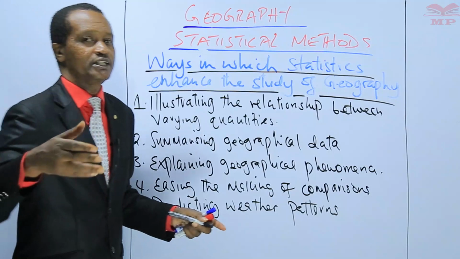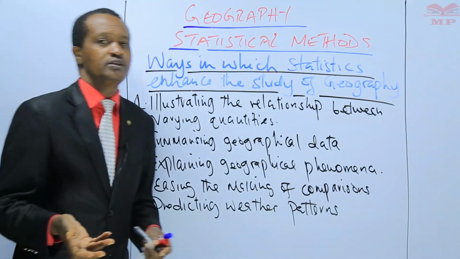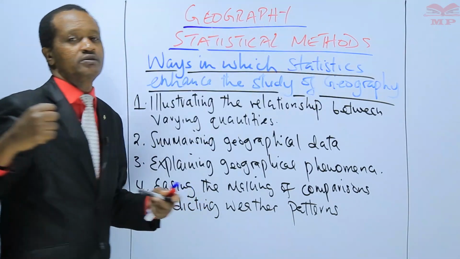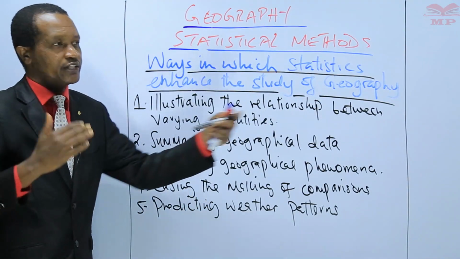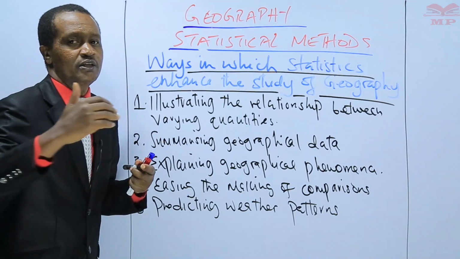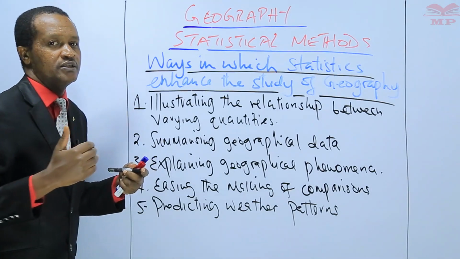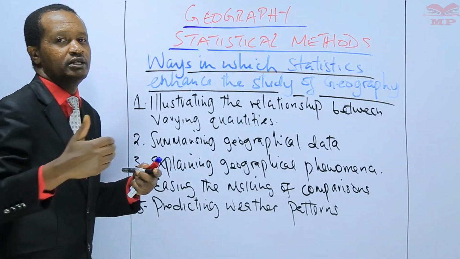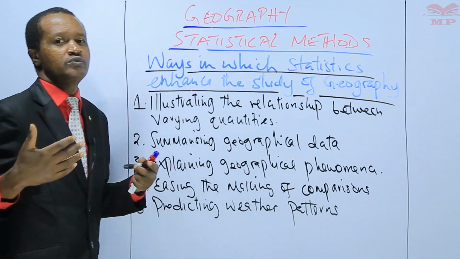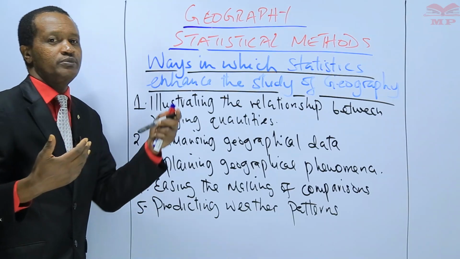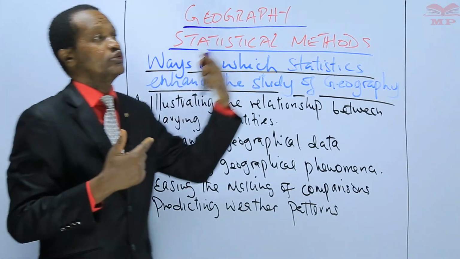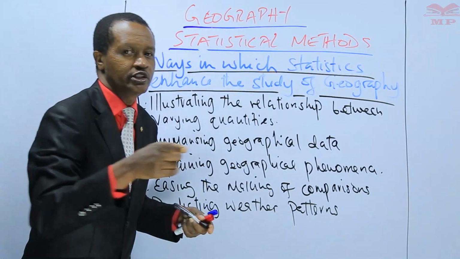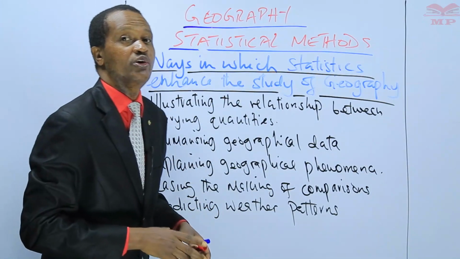Weather and climatic data, learners, can be used, okay, to predict future trends in weather and also climatic patterns. For example, trends in temperature, trends in rainfall can be used to predict possibilities of an impending drought or unusual weather conditions, like the El Nino.